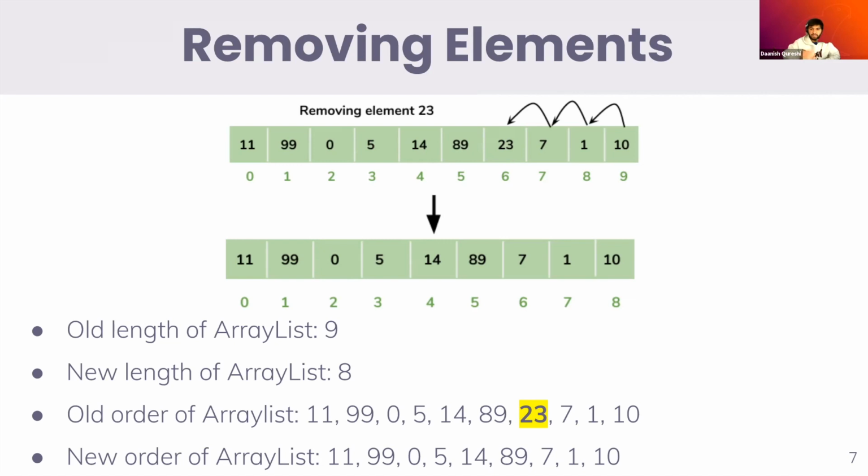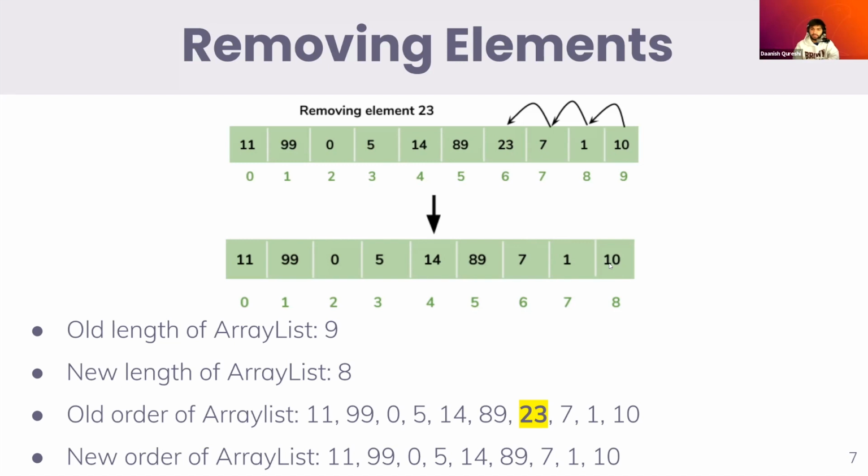Oh, here's the 6th element. It'll pick it up and just throw it away. And everything else after that slides down. As we saw before, if you put something in, everyone slides up. But if you take something away, everything slides down. So in this case, we take away 23, which was the 6th index, and then everything slides down.